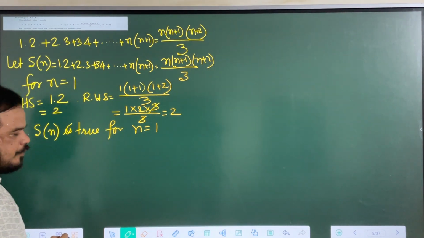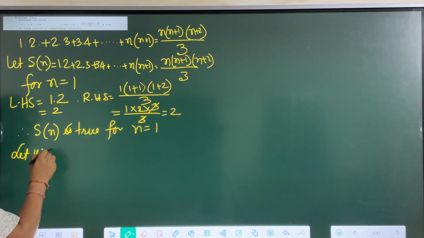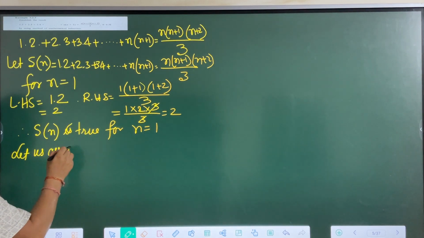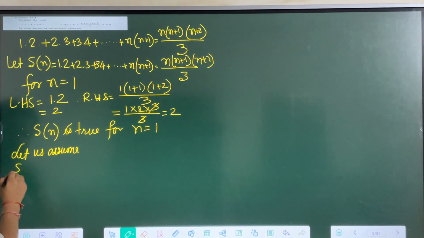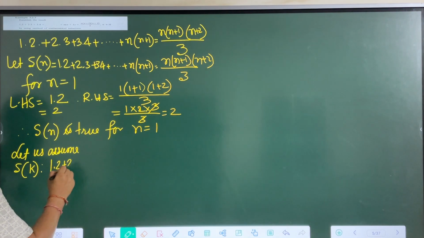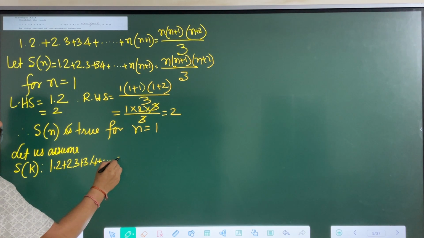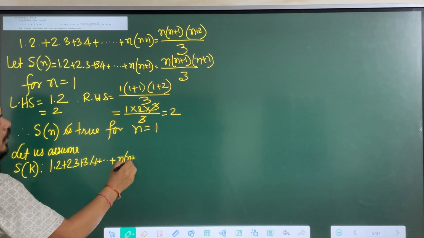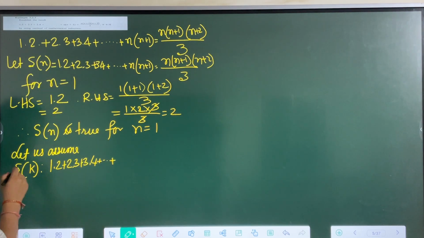That is finished. Now Sk, let us assume. Here I am there, okay? Sk, that is what? 1 into 2, 2 into 3, 3 into 4 plus n into n plus 1. Sk now.